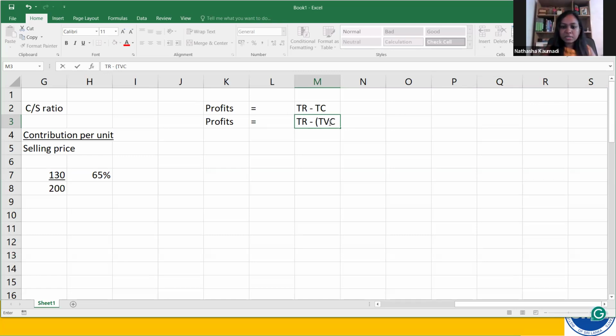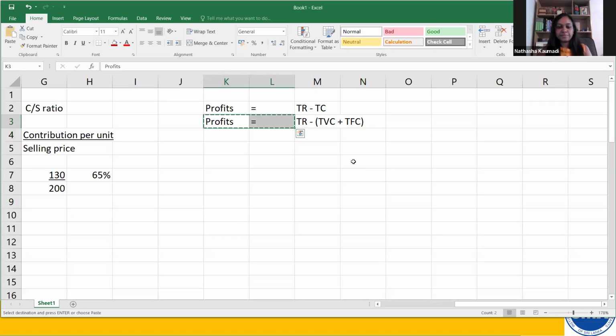Total variable cost plus total fixed cost. Am I right? Are you clear? Instead of writing total cost, I write minus, within brackets, TVC plus TFC, the components coming under TC.